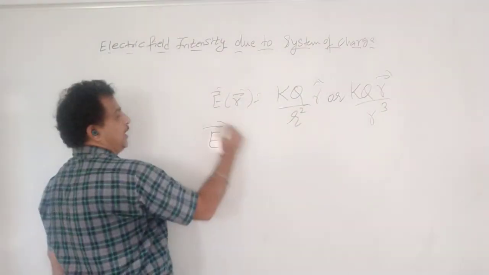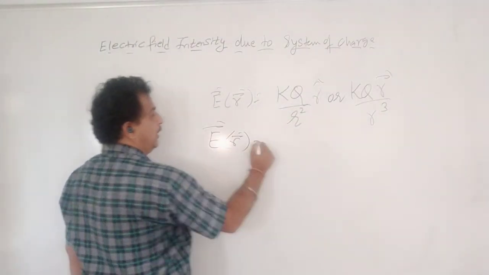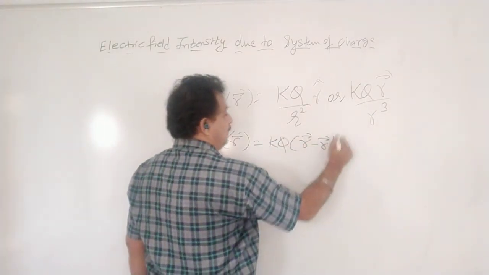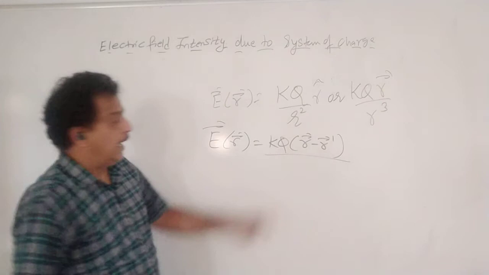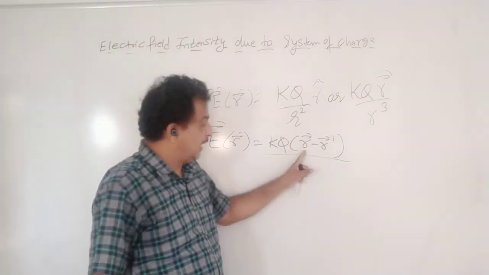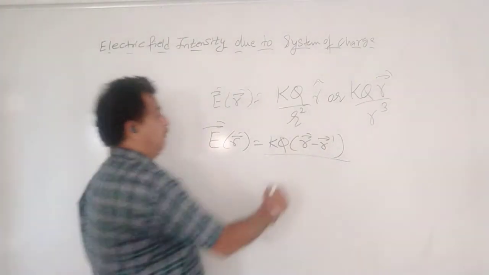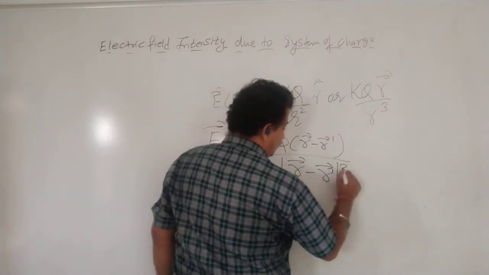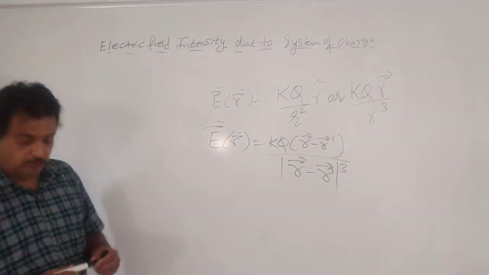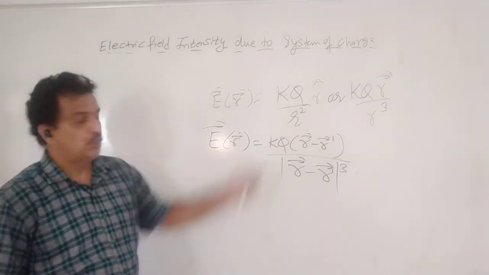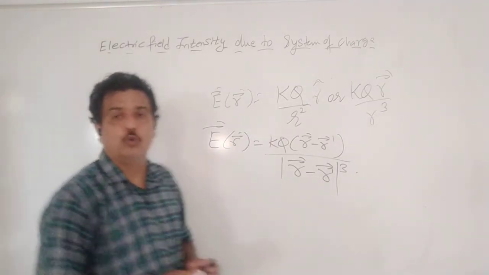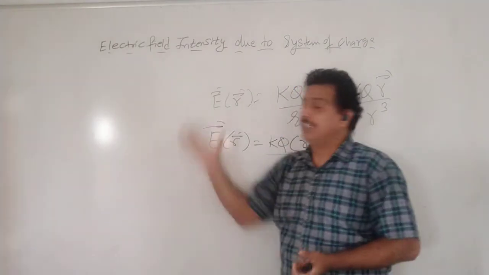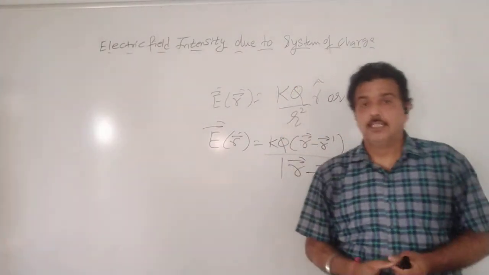If the test charge is not at the origin and it has some position vector say r dash, so it can be written as kq (r minus r dash) divided by the cube of |r minus r dash|, where r is the position vector of the test charge. So this is what we have applied, the Coulomb's law, and divided that Coulombian force by the test charge. So electric field intensity was independent of the test charge.